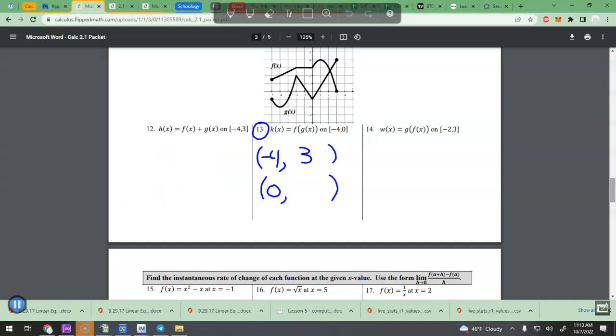So it's going to be f of g of 0. So g of 0, I plug 0 into the g graph, I get a y value of -1. So that part simplifies to -1, and then I'm asked, okay, what's f of -1? So -1 in the f graph is also 3.